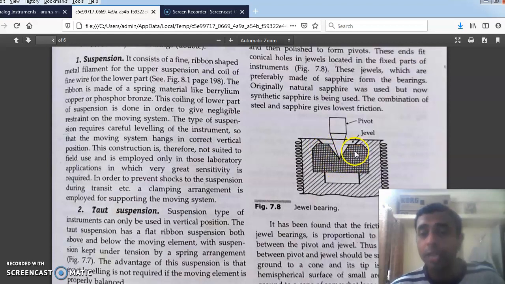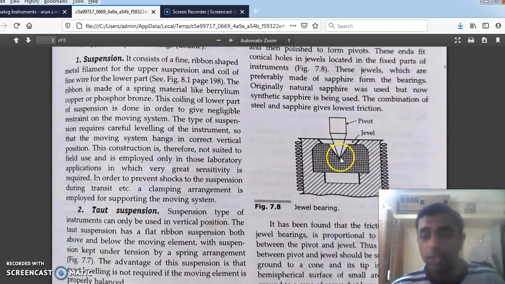That is placed in contact with a jewel bearing. The main point is that this is very robust, and the point of contact is minimum, but it should be sufficient to bear the stress and weight.